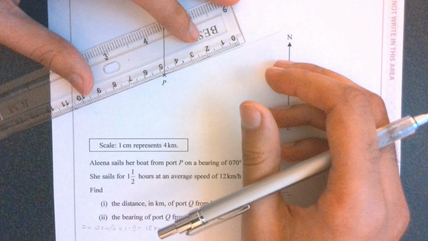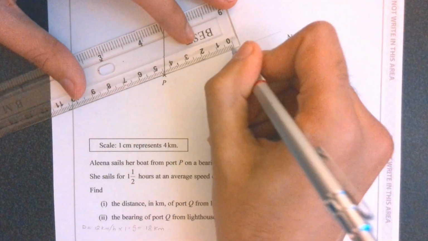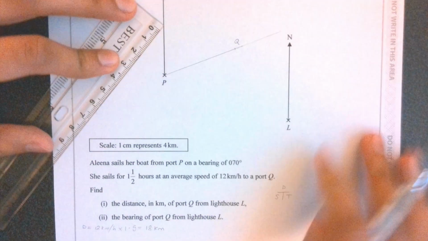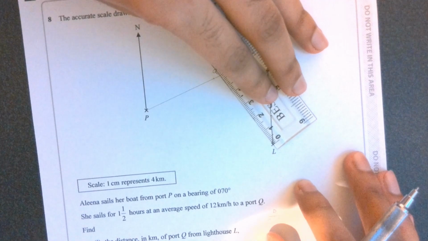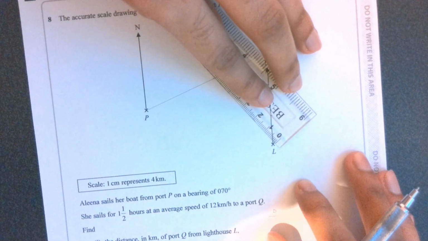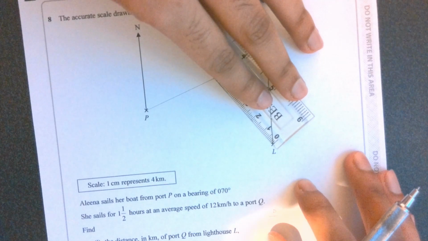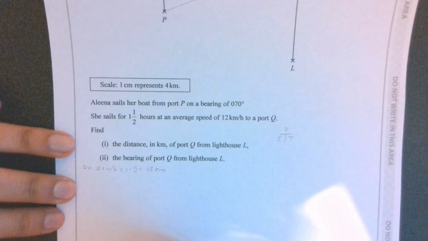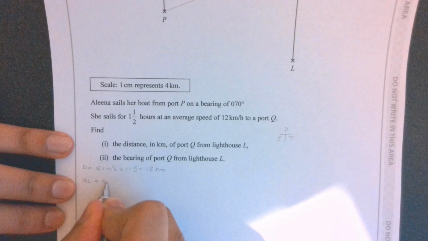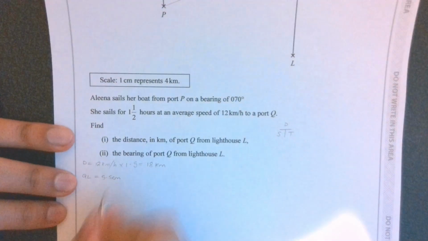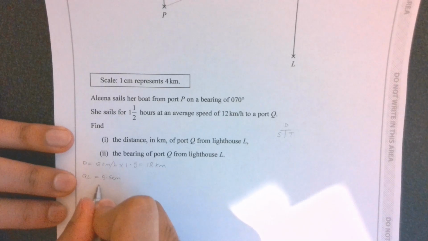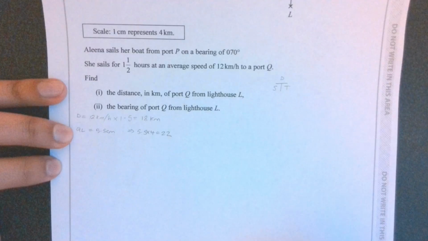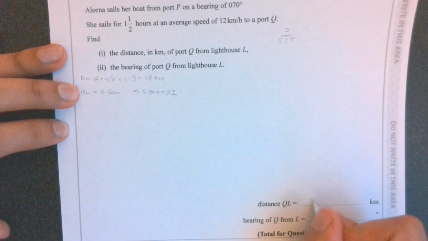So we have over here the point Q. And our job is to find the distance from Q to L. If we measure this distance, you'd find QL is equal to 5.5 centimeters, and if we use the scale, multiplying by 4, 5.5 times 4 is 22. So QL is 22 kilometers.